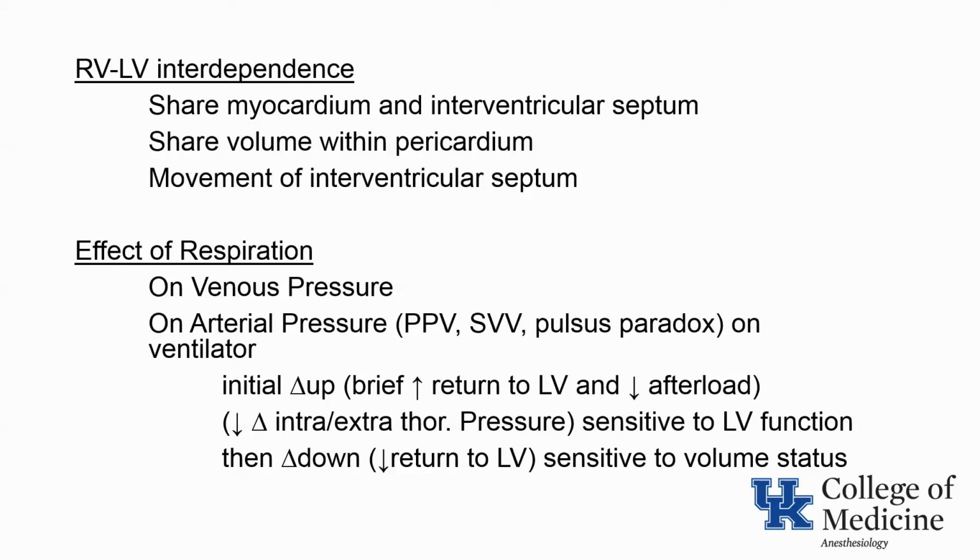There's this important relationship between the right ventricle and the left ventricle called interdependence. Since they share a myocardium and an interventricular septum, they also share the volume within the pericardium. And so expansion of one causes limited space for the other, and vice versa.